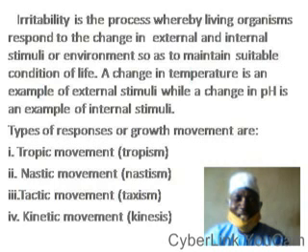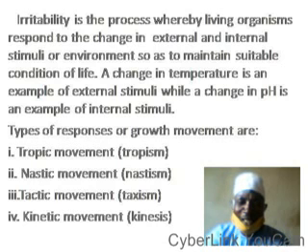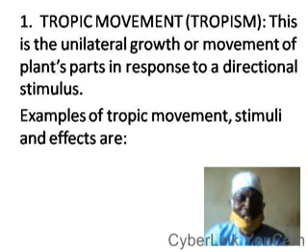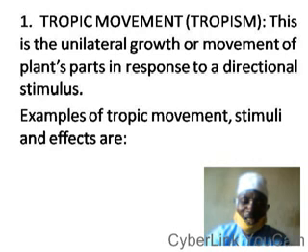Now let us look at the types or examples of tropic movement. Tropic movement is the unilateral growth or movement of plant parts in response to a directional stimulus or stimuli. Examples of tropic movement, their stimuli and effects are discussed in the table below.